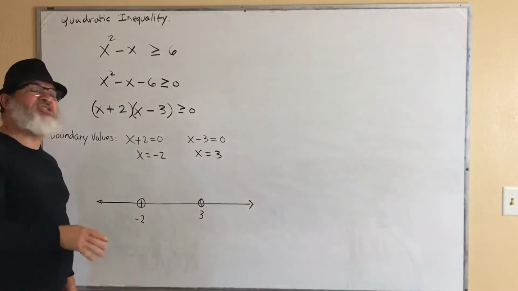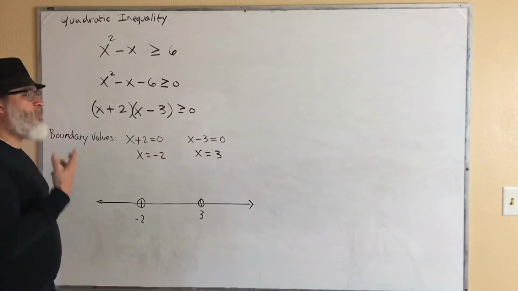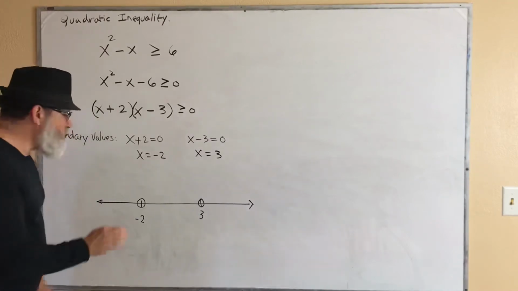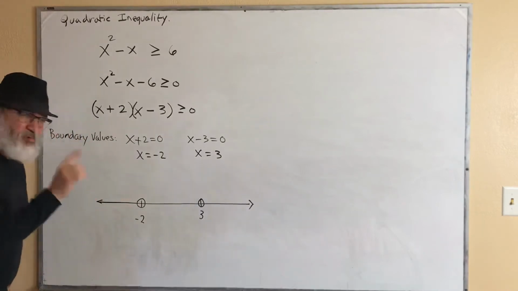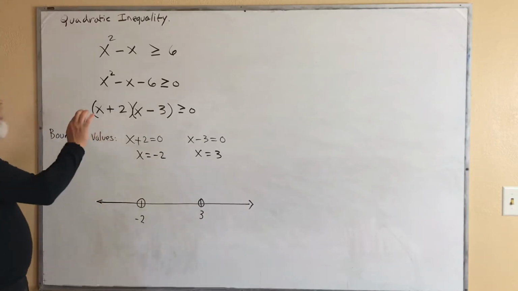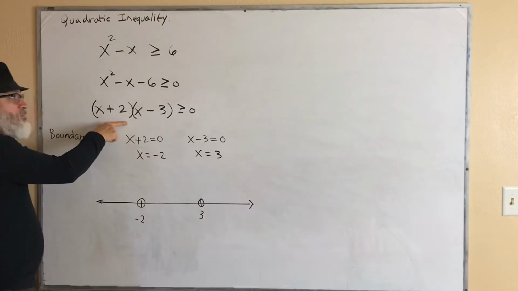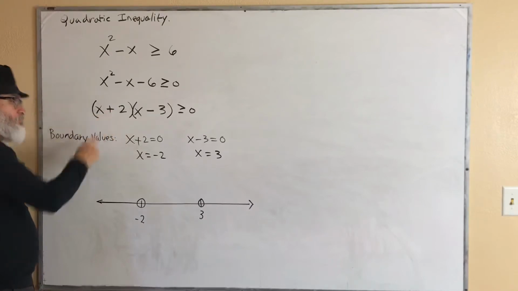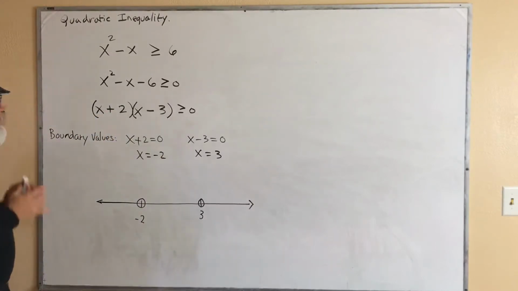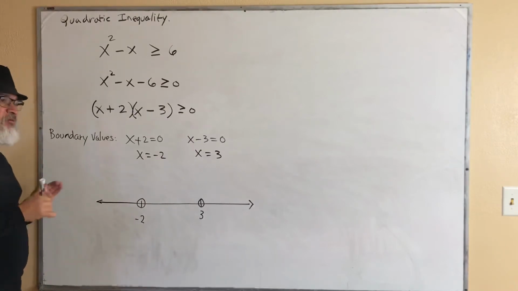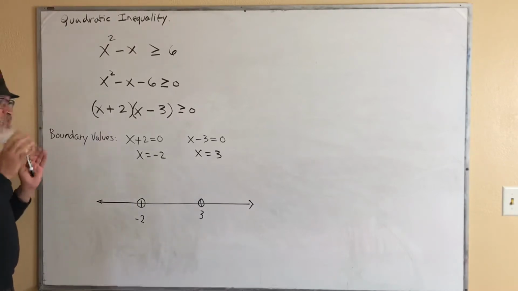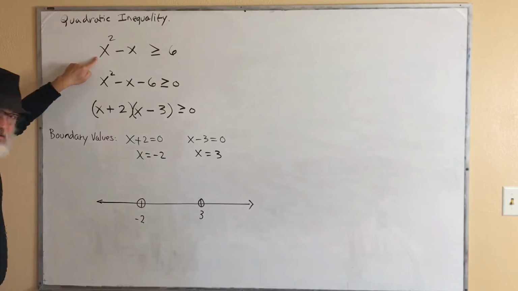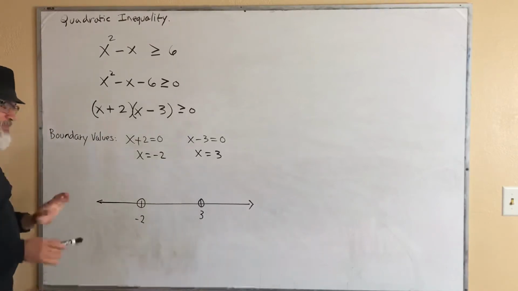We're going to pick a value from each region and plug it into this inequality. If we get true, we shade the region where the value came from. If we get false, we don't shade. Does that make sense? So let me repeat that.